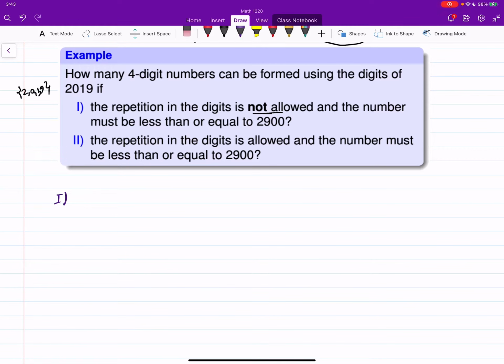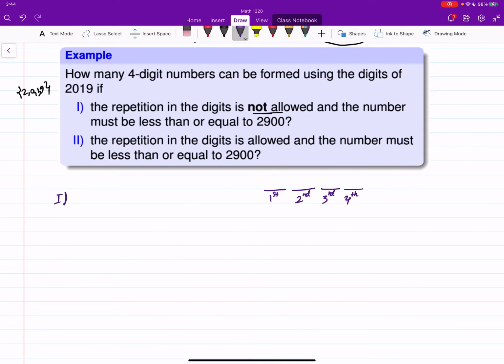So I want to have the first, then second, how many ways we can do the second digit, the third digit, and the fourth digit, yes? So for the first one, I can use either 1 or 2. I cannot use 0 because the number cannot start with 0. And I cannot use 9 because if I start with 9, then it will be a number bigger than 29.